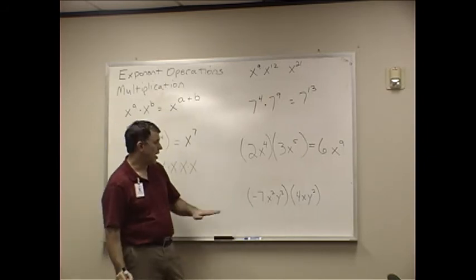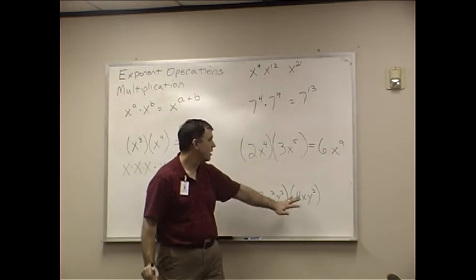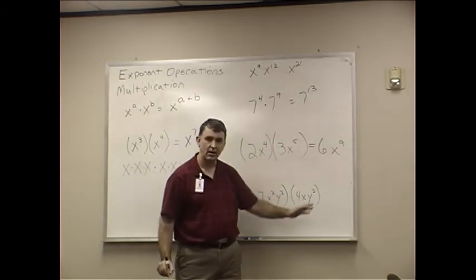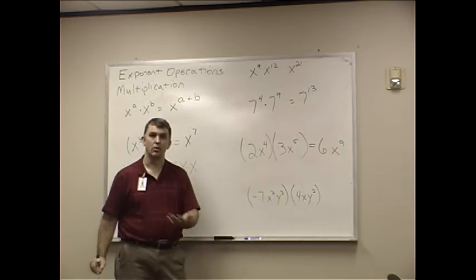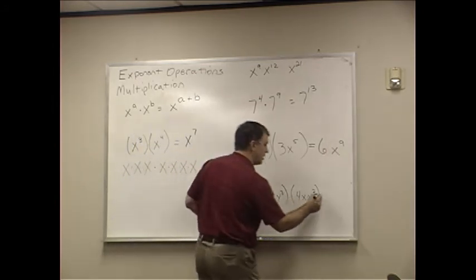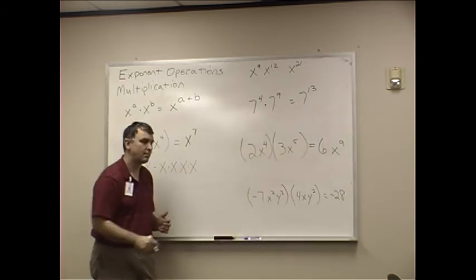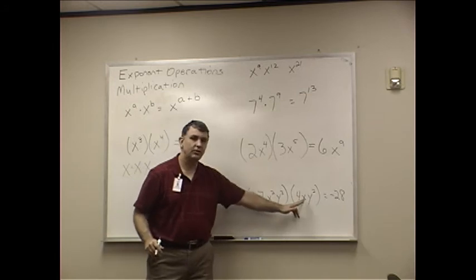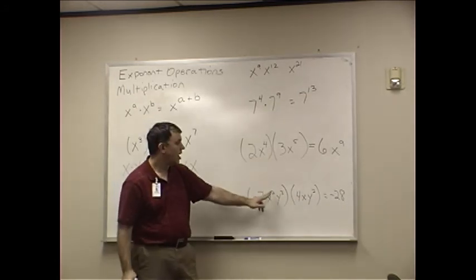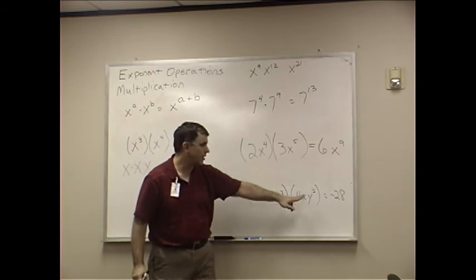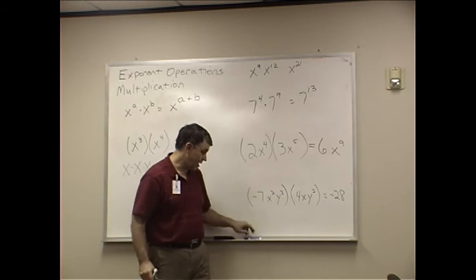The last one, negative 7 x to the 2nd, y to the 3rd, times 4xy to the 2nd. So the negative 7 times the 4, those are normal numbers. That is negative 28. I'm going to run out of space here, so I'm going to write beneath. I've got x's and I've got y's, so I'm going to add up the x's. I've got a 2 here, and if you don't see a number, what number is there?